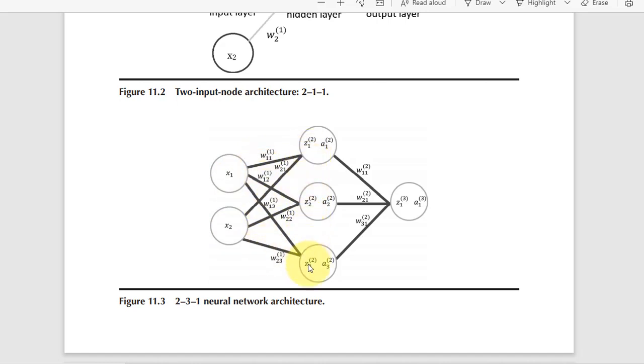So we can't really change Z1, Z2, and Z3 just by hand. And the same thing with A2. A2 comes from Z1, and then Z3 comes from these and these. So if you look at this, you see that the only thing we can change here are the W's. So the W's are in this network.